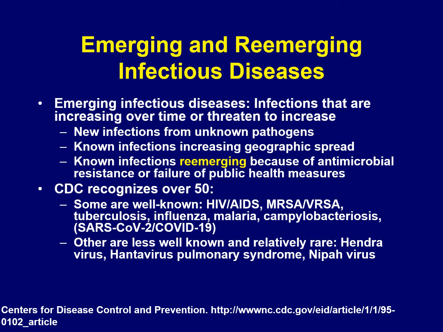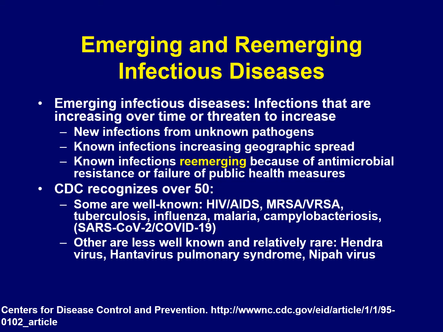Shifting gears to emerging infectious diseases, these can be defined as infections that are increasing over time or threaten to increase. These include new infections from unknown pathogens, known infections increasing in geographic spread, and known infections that are reemerging because of antimicrobial resistance or failure of public health measures.